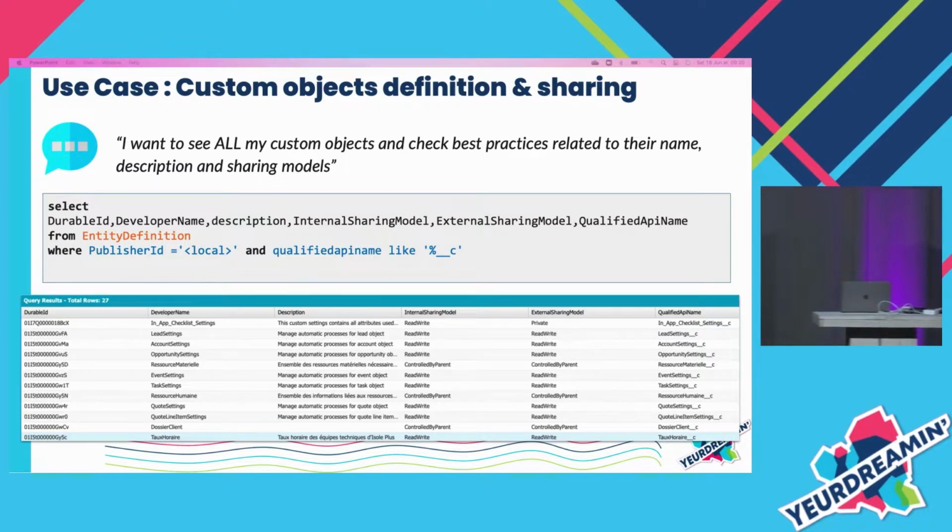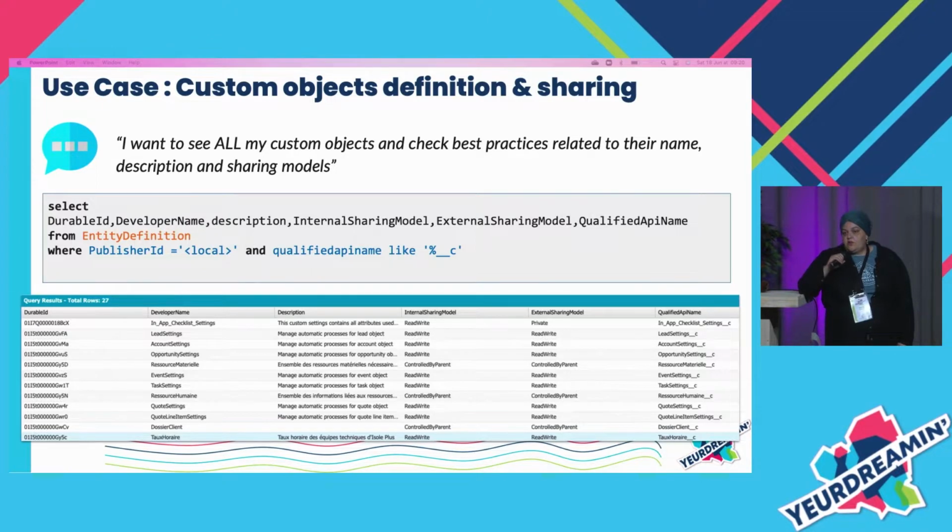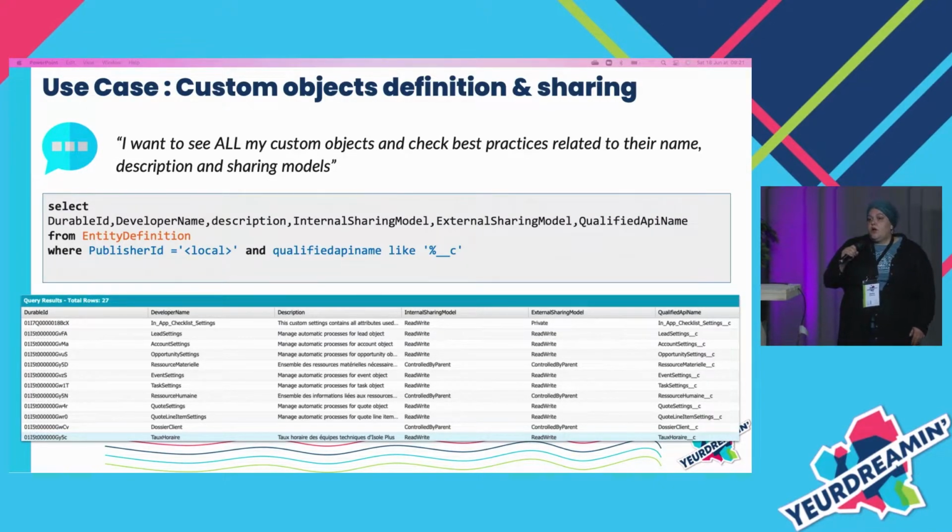Another thing useful when you are performing a security check or global health check of your org is to know the sharing model, specifically if you are on an org where the communities were activated a few months or a few years ago, before the last three releases, I guess. When you activated the community, all the objects were basically open to the external profile.